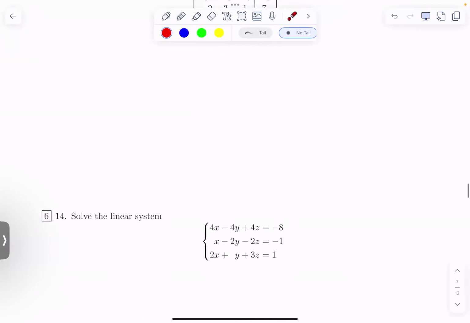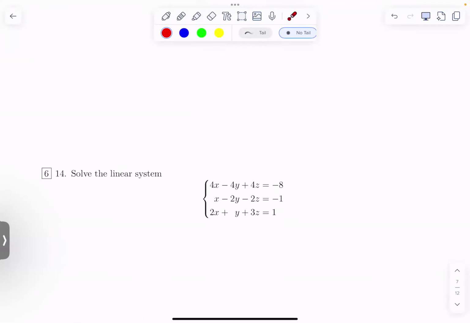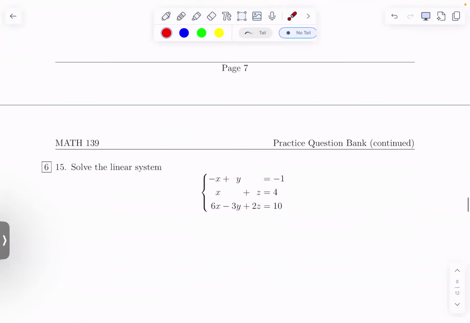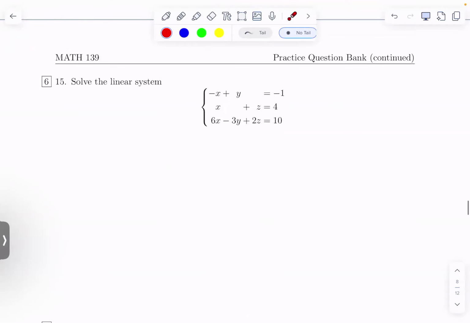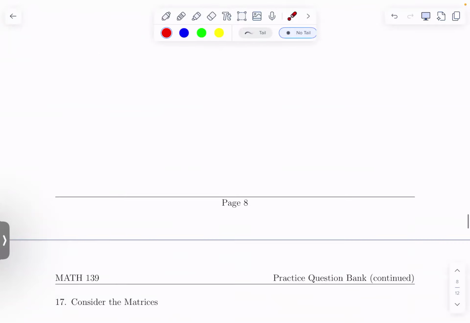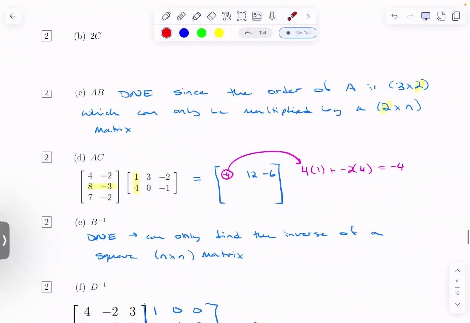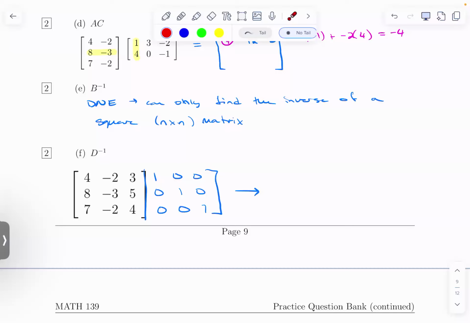Now it's all practice. There's more practice questions than the actual length of the test. Well, I'm gonna put something like this on there. Obviously. But you need to be able to find the inverse. But the inverse is just building on those row operations, because then you're gonna morph this, do whatever you need to do to turn this into the identity matrix, and then the result is the inverse.